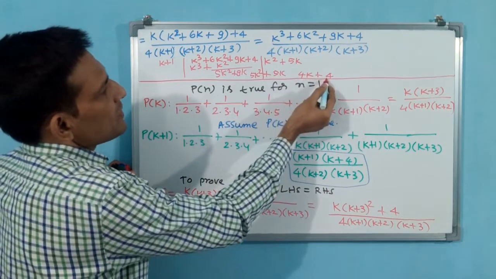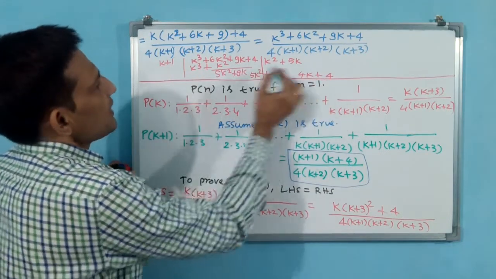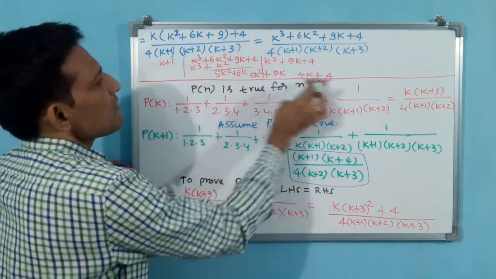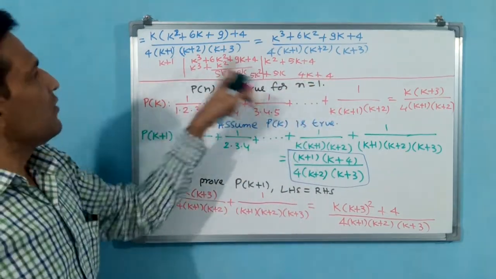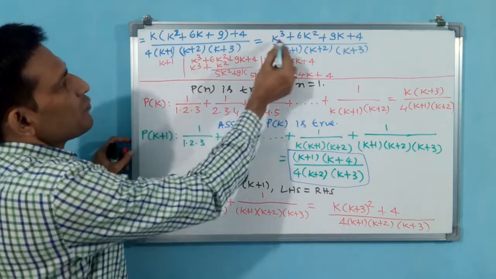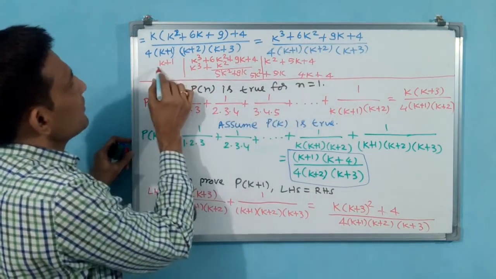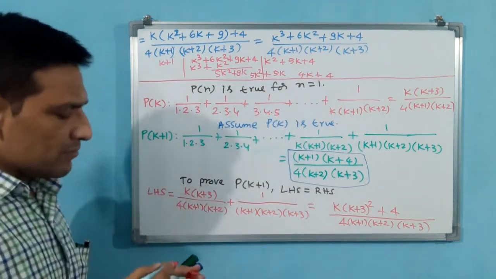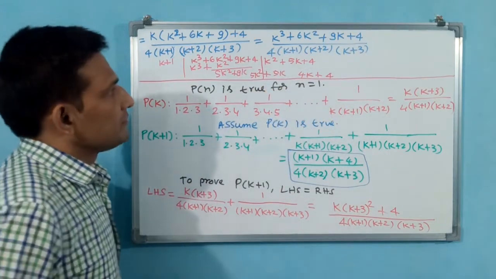Now 4k plus 4 is there, k plus 1 is there. If you take plus 4, 4 into k, 4k, 4 into 1, 4 over. Now this one, k cube plus 6k square plus 9k plus 5k, we can write k plus 1 into k square plus 5k plus 4. That's what I wanted to say. Write down.